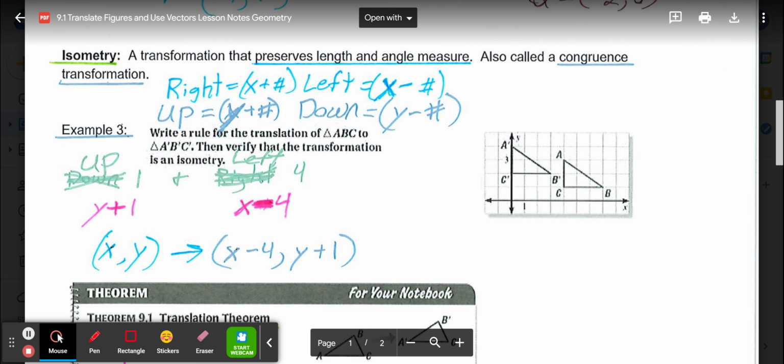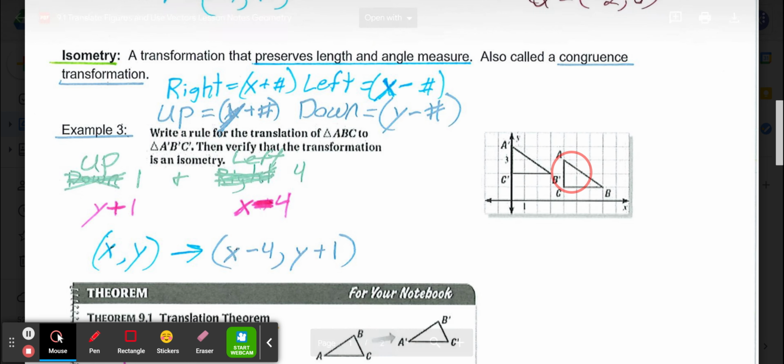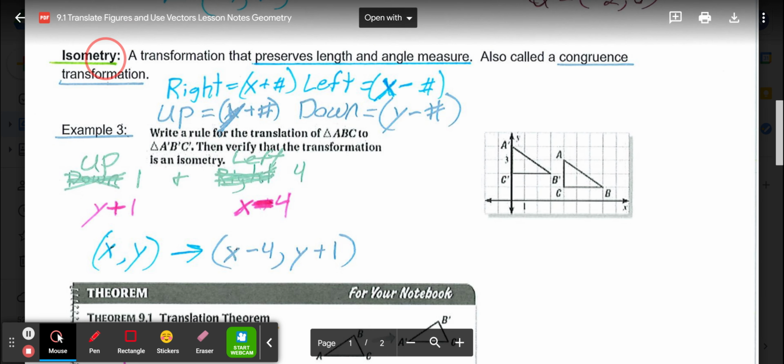A translation, a slide from, let's say, triangle ABC here to triangle A prime, B prime, C prime, is a type of isometry, because when we're simply translating or sliding, we're not changing length and we're not changing angle measure.